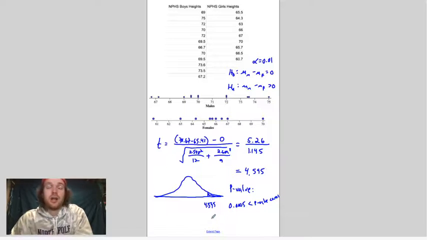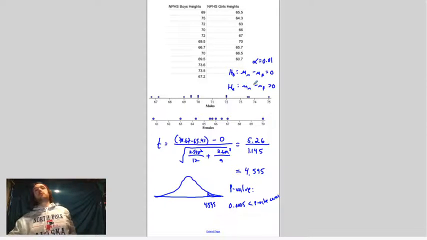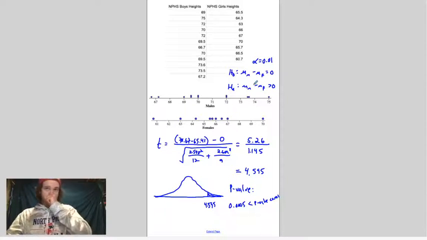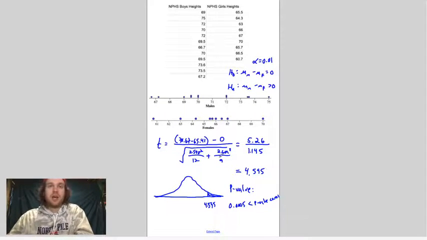If we reject H naught, then we have convincing evidence that the mean height for senior males at NPHS is actually greater than the mean height for females. That should be synonymous with our confidence interval results, because our confidence interval did not contain 0 as a plausible value for the difference between them.